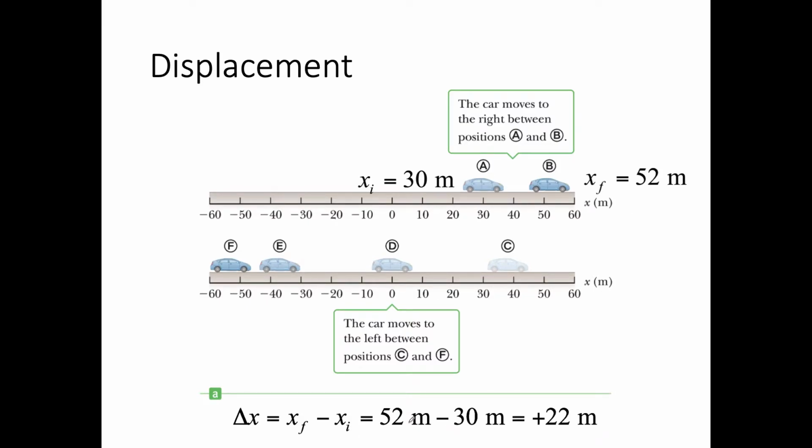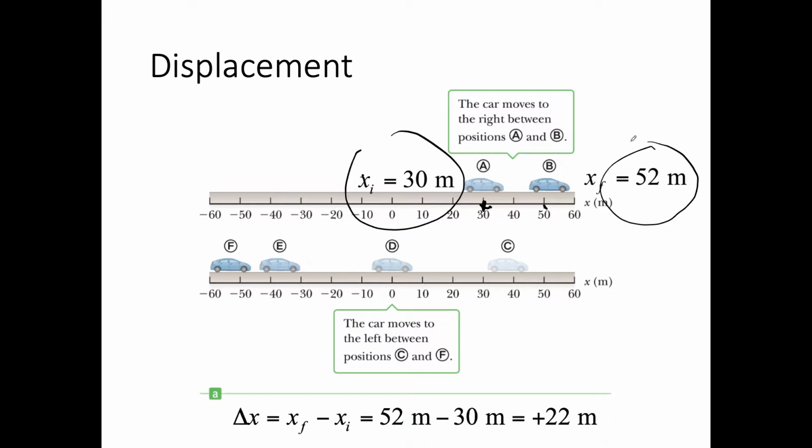Now let's look at the car moving from position A to position B. The coordinate of position A, which is the starting position, we call the initial position, is 30 meters. The final position is 52 meters.